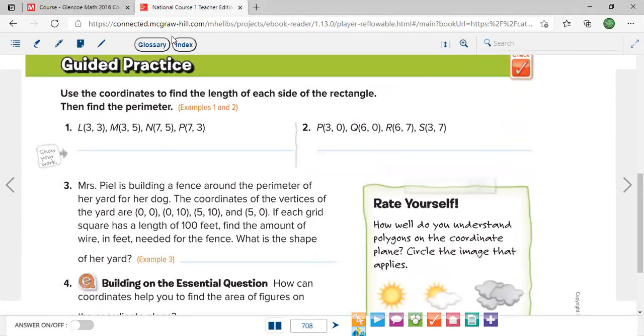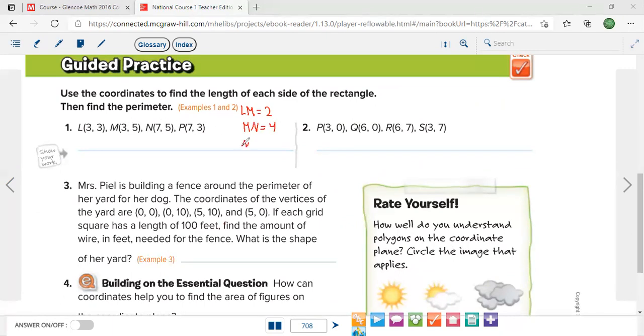Use the coordinates to find the length of each side of the rectangle, then find its perimeter. Very easy. Let's find LM. LM cancel out the 3, so 5 minus 3 is 2. MN. MN cancel out the 5, so 7 minus 3 will give you 4.